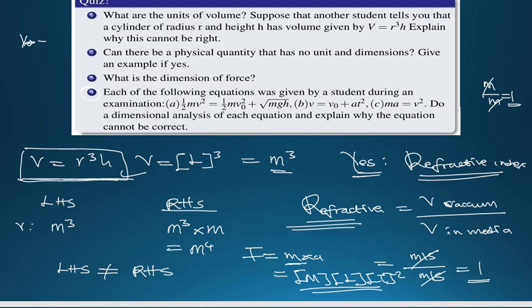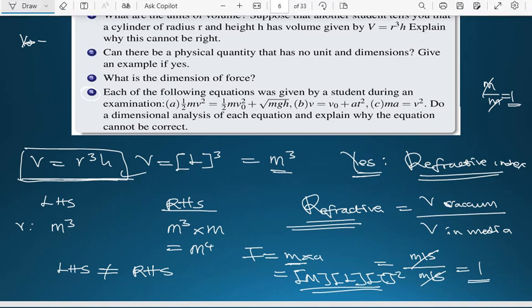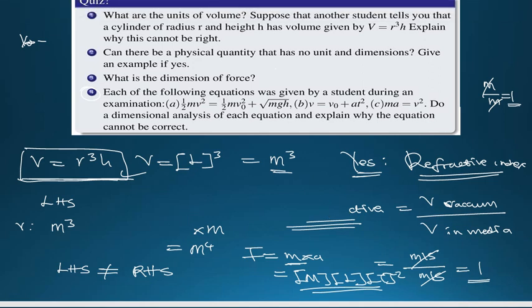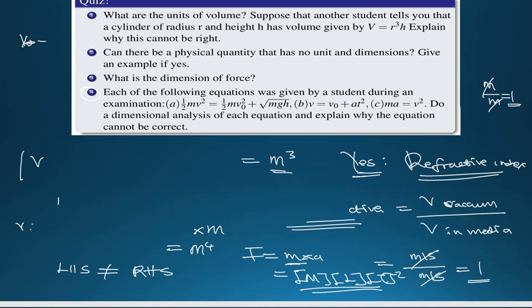Or let me try to answer one so that at least someone may not get confused here. I'm going to show you the simplest one.